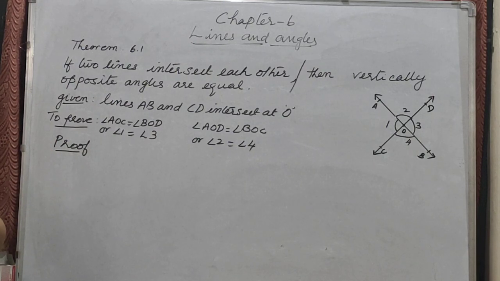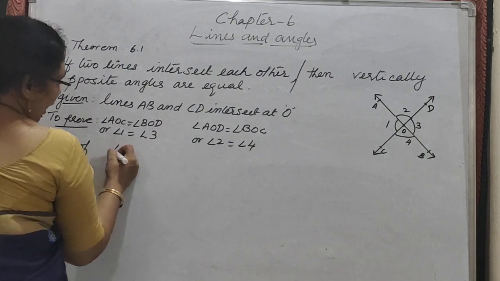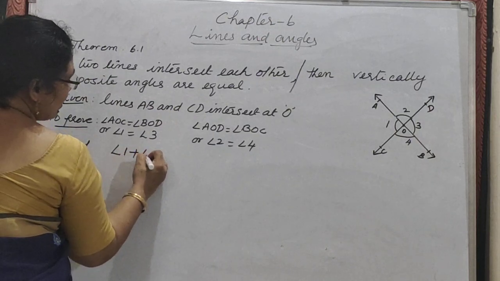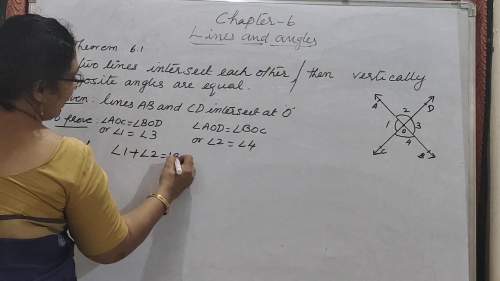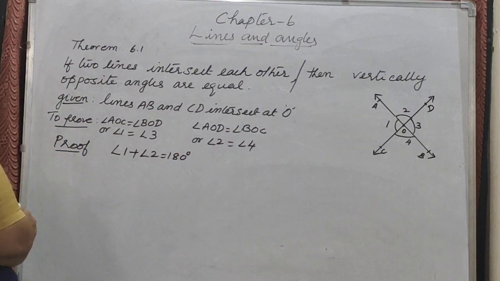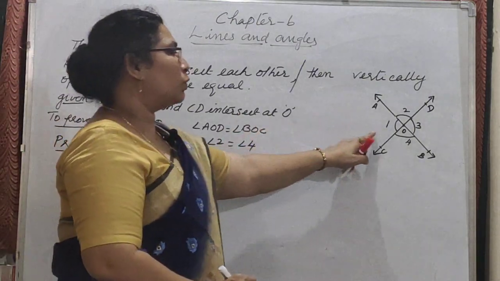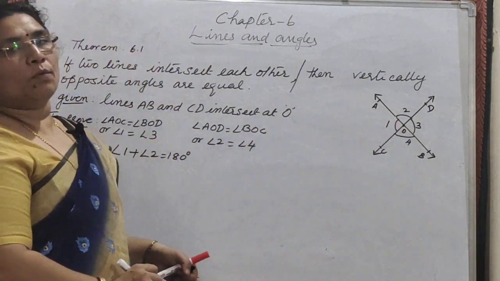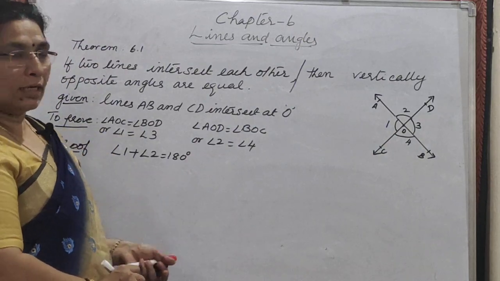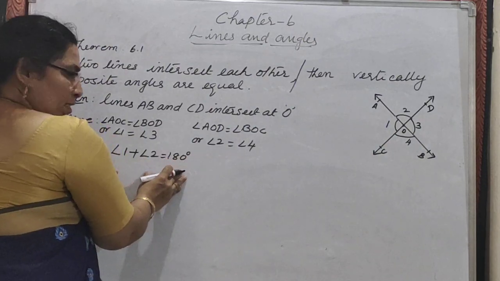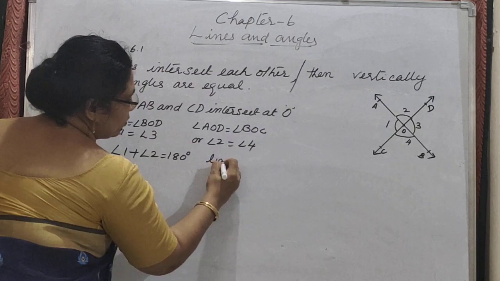What is the proof here? We can write that angle 1 plus angle 2 equal to 180 degrees. Is it right? What is the reason for this? Linear pair. When you are writing the statement, the reason should be written correspondingly.